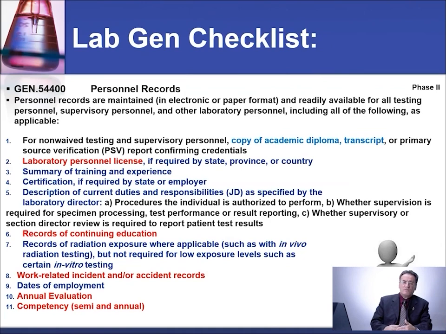Now, after 1 year, you only need to worry about their licensing, if they have work-related incidents, their annual evaluation, and their competency. That's all you need to worry about. If you do it right the first time and you have all the requirements in the personnel file, it becomes easy on you moving forward.